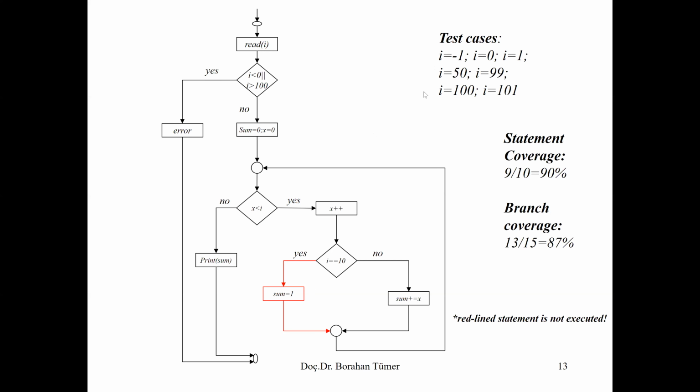So this gets us a 90% statement coverage. Do you understand that the test cases for the black box testing give us a 90% statement coverage and not a complete statement coverage criterion? Do you understand that?